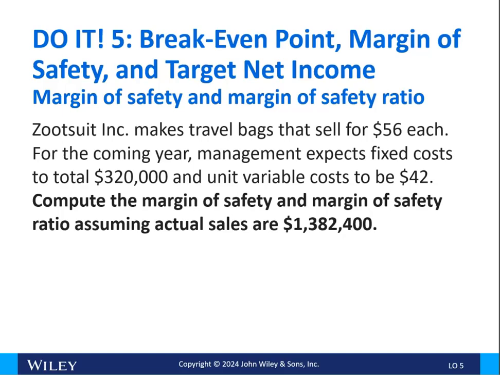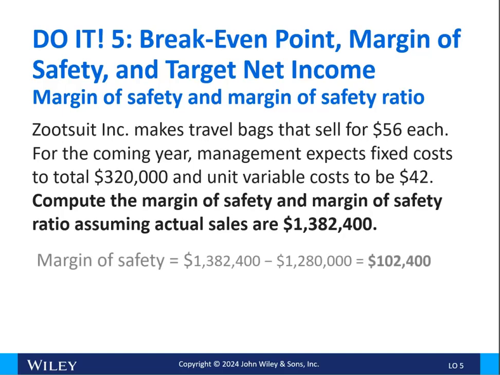Compute the margin of safety and margin of safety ratio, assuming sales are 1,382,400. So the margin of safety is that level of sales that we're expecting, or the actual, minus our break-even level of sales of 1,280,000 that we just computed.